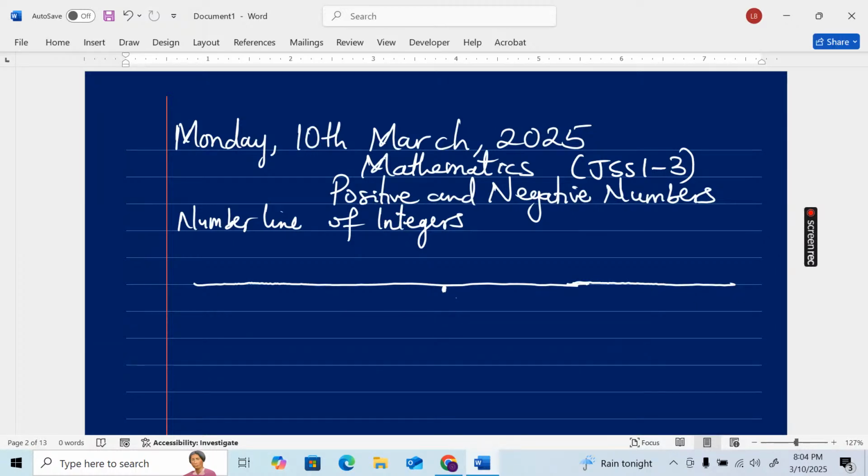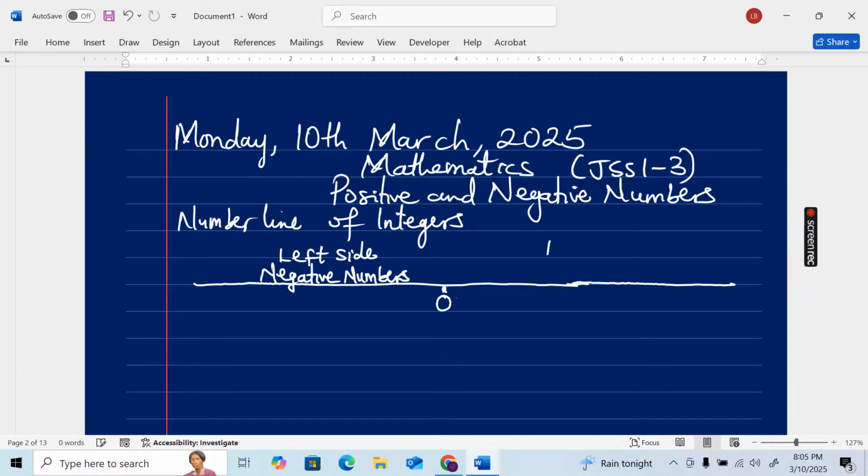0 is always the midpoint of a number line. On the left side of the number line, we have negative numbers.